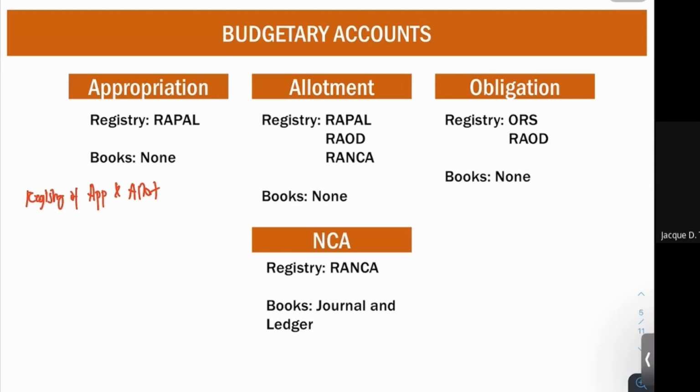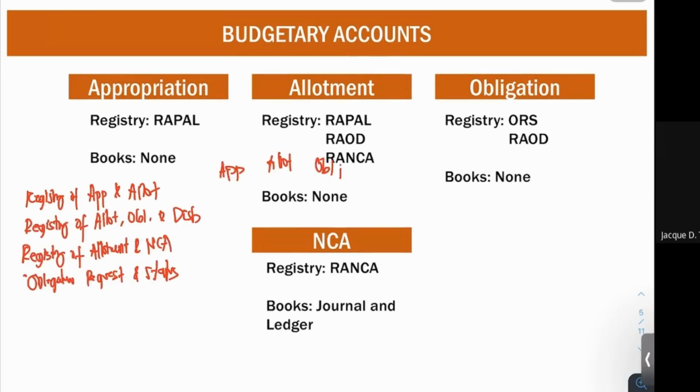Okay. So to check which registry you will use, what you need to do is you look into the type of the budgetary account. So we have here the three budgetary accounts: appropriation, allotment, and then obligation. So all registries with the word appropriation should be used for any appropriation. So we have registry of appropriation and allotment, registry of allotment, obligation, and disbursement.